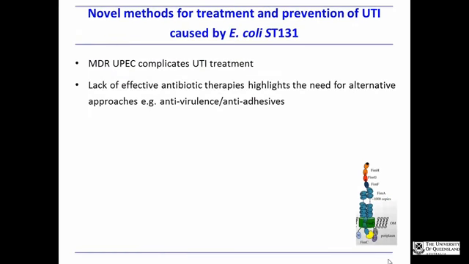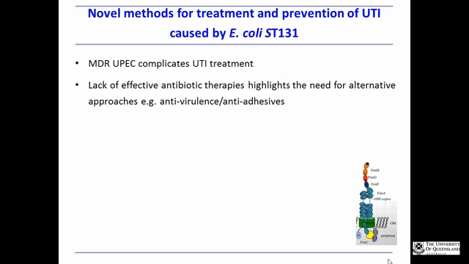Now, we need to keep in mind that this is a drug-resistant strain. There are not many alternatives left for treatment of this strain, and infections caused by this clone of E. coli. So we teamed up with a group of researchers at Washington University in St. Louis who have developed a novel type of anti-adhesive molecule that can actually prevent colonisation of the mouse bladder by inhibiting the binding mediated by type 1 fimbriae.